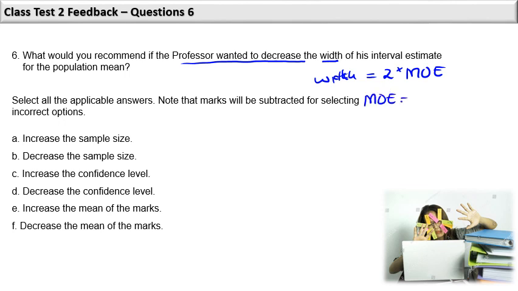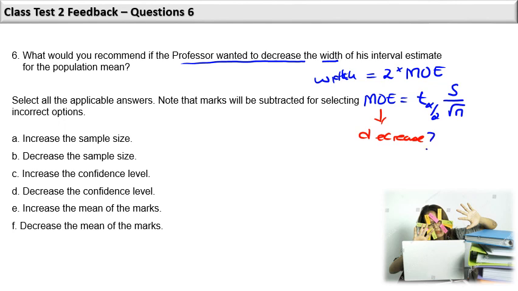The margin of error, we have said, looks like this: T alpha over 2, and it's S over the root of n. Now the question is, what can I do to actually decrease this? So this is what I am trying to do. I am trying to decrease my margin of error. So the question is, how do I decrease it?